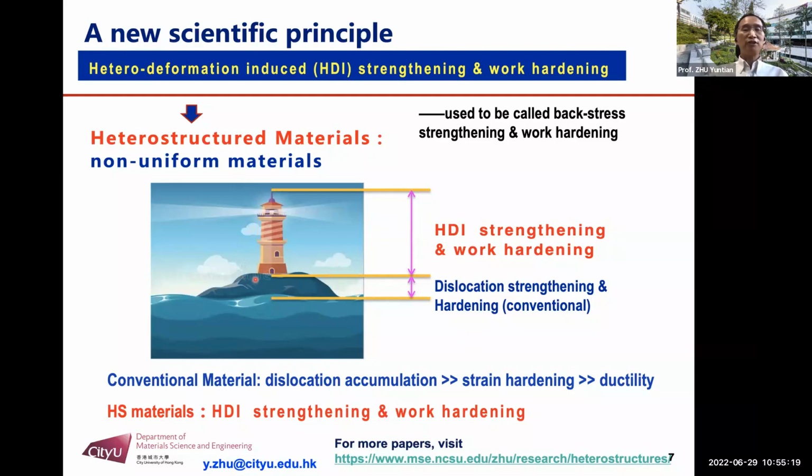In conventional material, we are using dislocation strengthening and dislocation hardening to improve the strength and ductility. It's more like this rock above the sea level. And in heterostructured materials, on top of that, we have ideal strengthening and ideal work hardening to further improve properties. So if you have a very good property for conventional metal and alloy, and if you make them in the heterostructure, we can make your material even better.